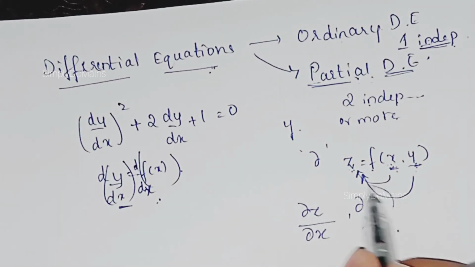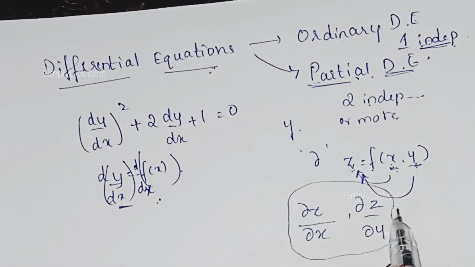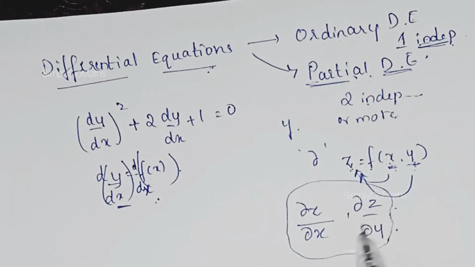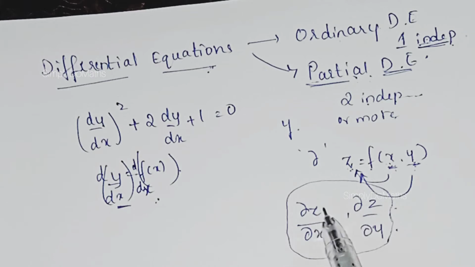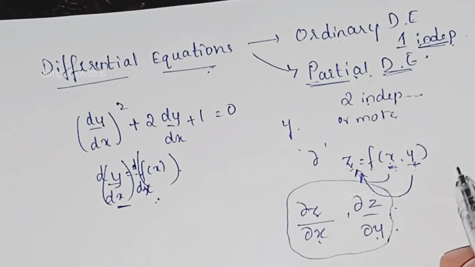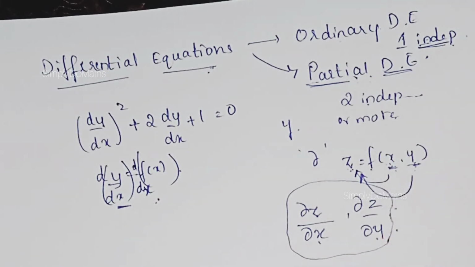Now equations involving these terminologies are called partial differential equations. When two or more independent variables are present in a differential equation and the derivatives with respect to them are present, that implies the differential equation is a partial differential equation.